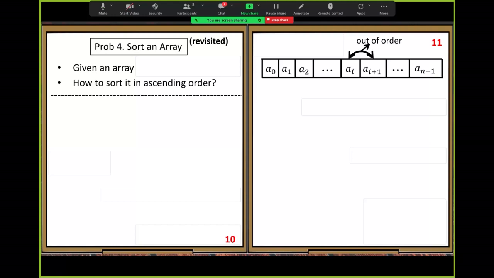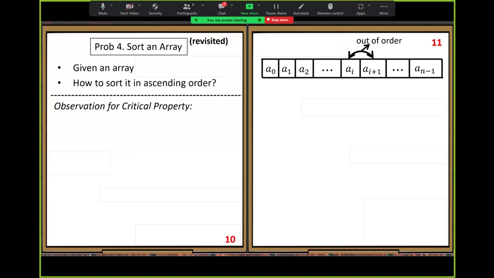Now we want to find a solution based on this special property, the in order property. All right. Then the observation for the critical property.